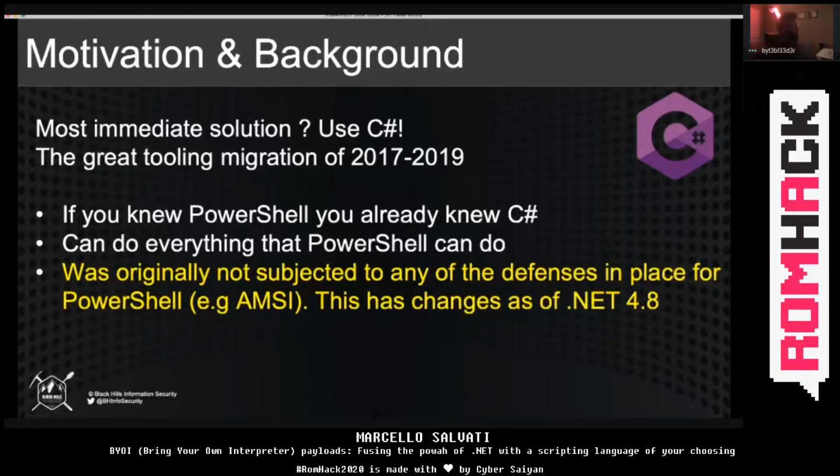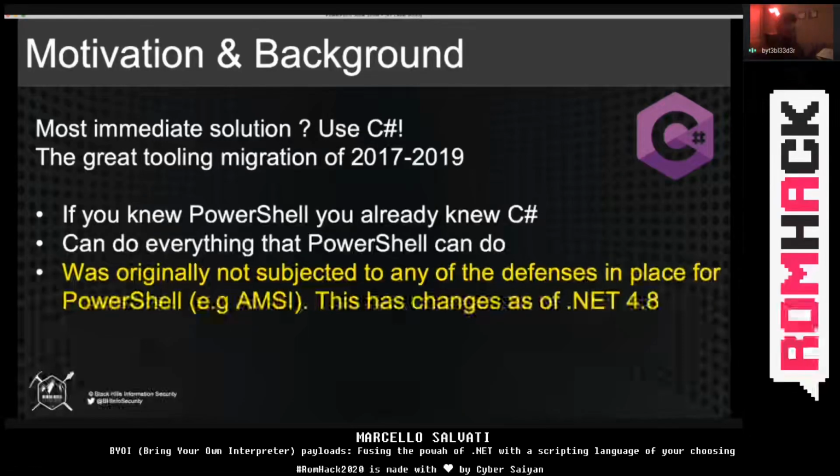There are a number of reasons for that. If you knew PowerShell, you already sort of knew C#. If you had to do some of the lower level stuff in PowerShell, you had to write C# code. It can do everything that PowerShell can do and even better. And it originally was not subjected to any of the defenses in place for PowerShell, e.g. AMSI, and again, we'll talk about why that's the case in a few minutes.